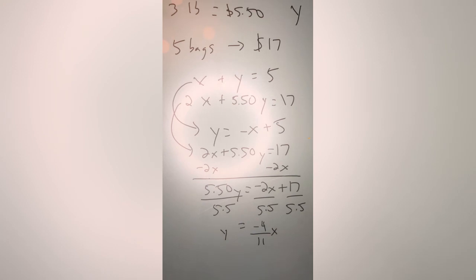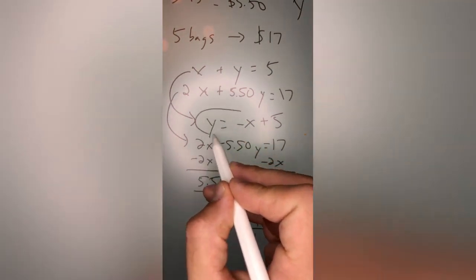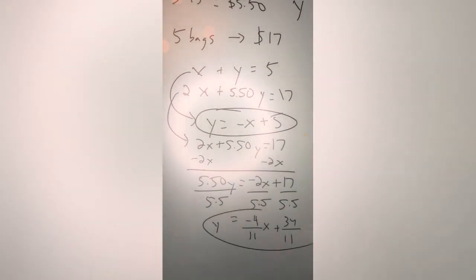And then 17 divided by 5.5, if I put that as a fraction, is plus 34 over 11. Okay, so it's not pretty, but I'm going to put both of those into y equals.